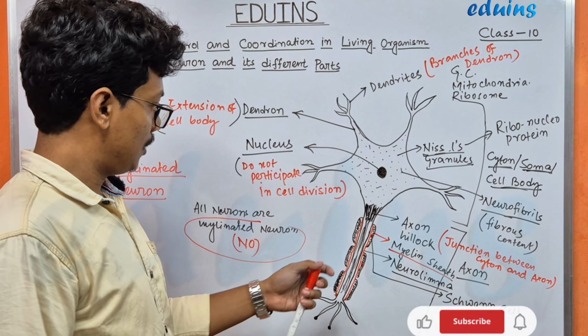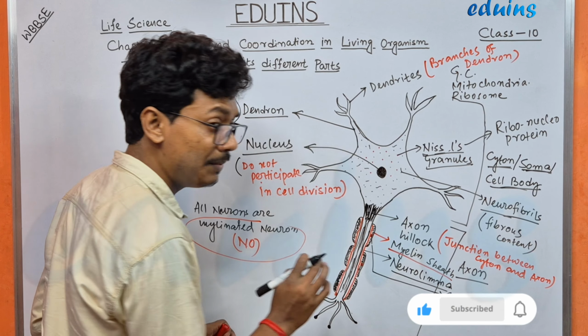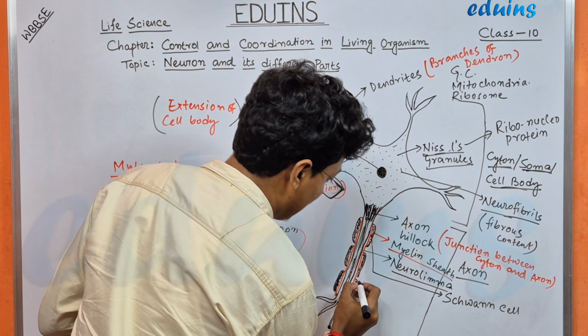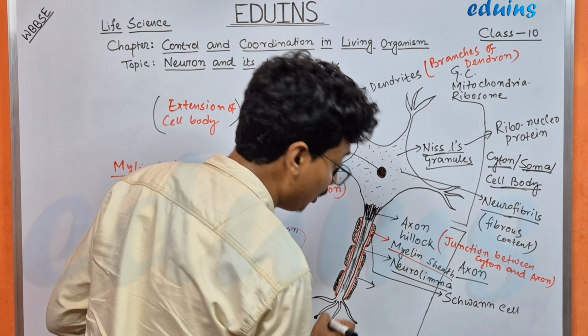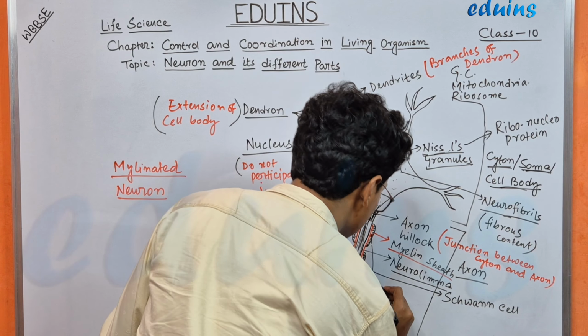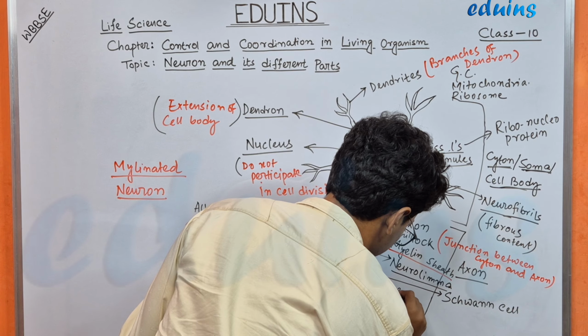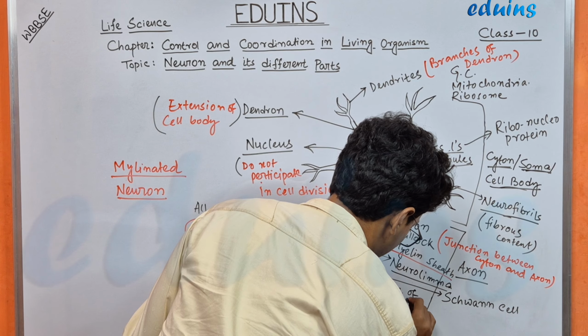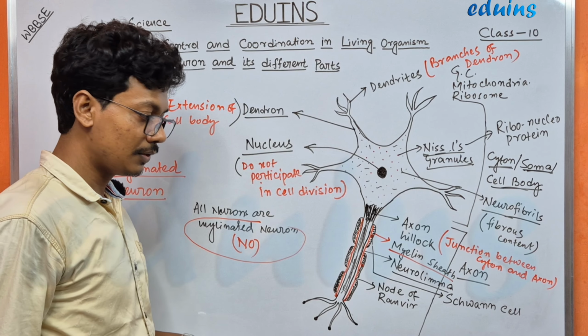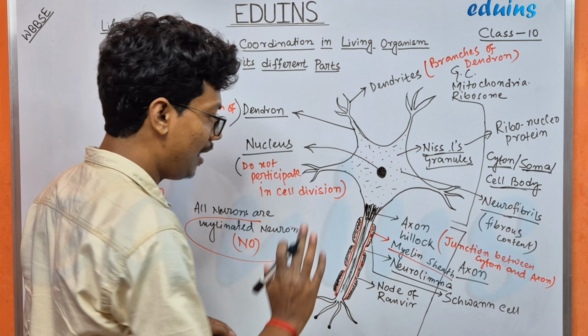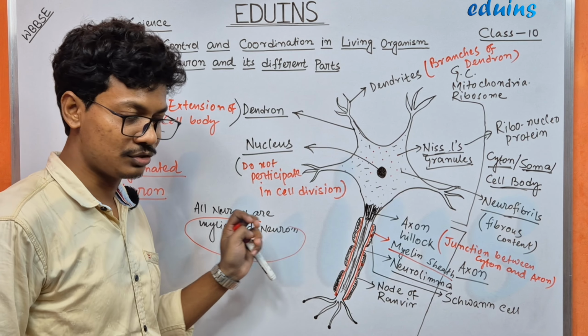The junction between two myelin sheaths, the neurolemma portion, is known as the node of Ranvier. So this is the part of the axon.